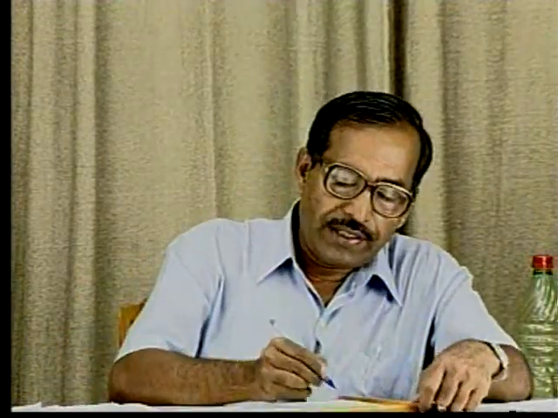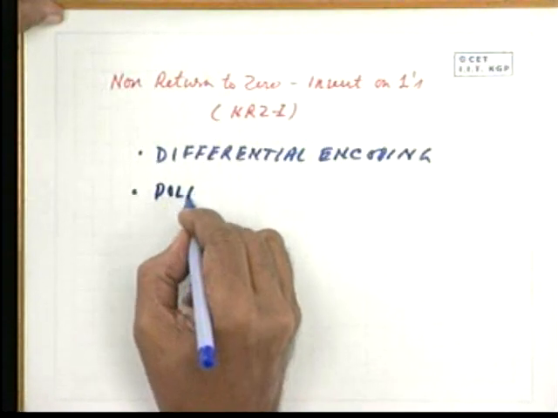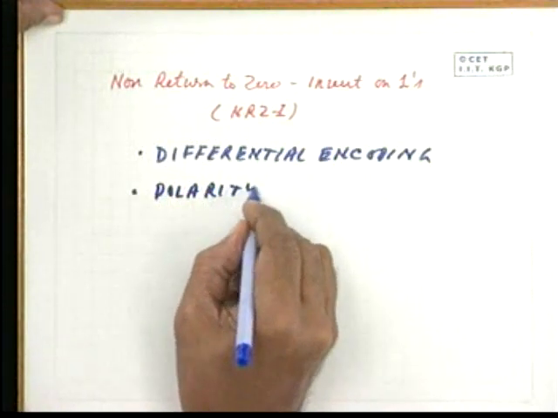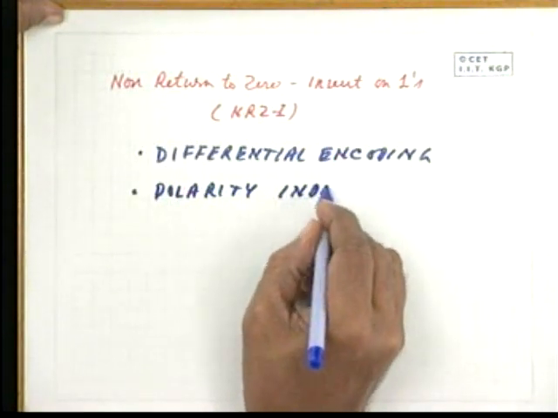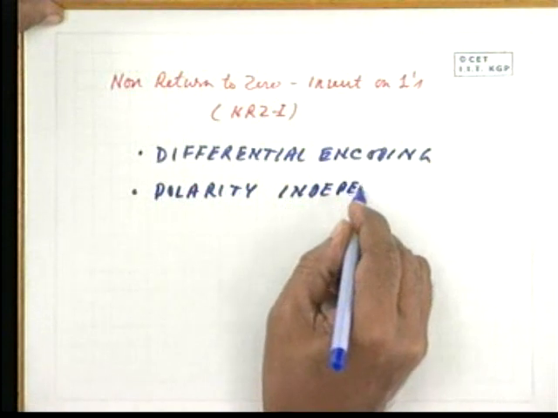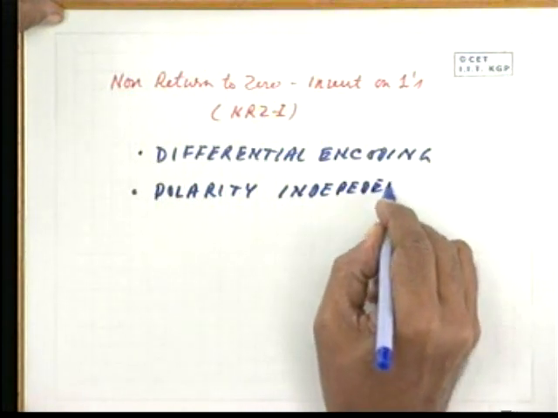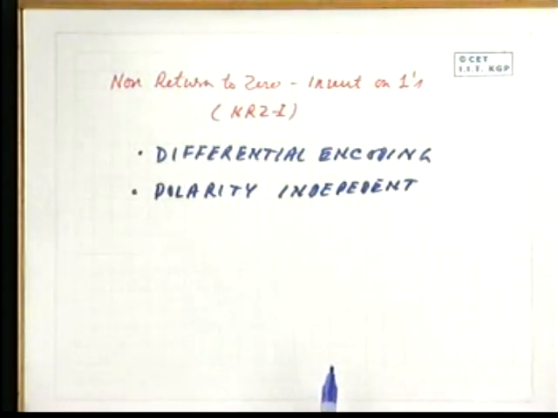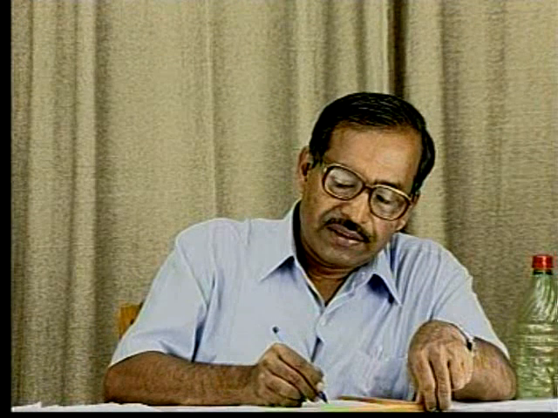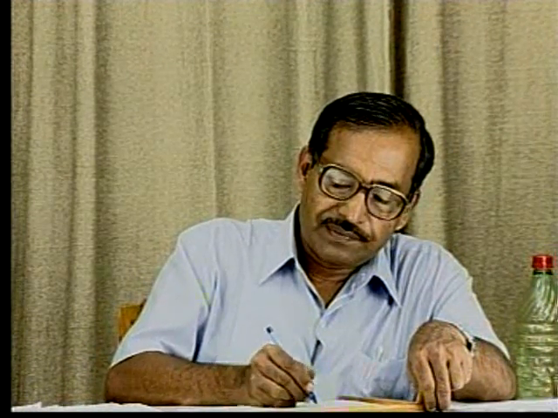That means it is polarity independent. This is very attractive, and secondly, it is also easy to implement.